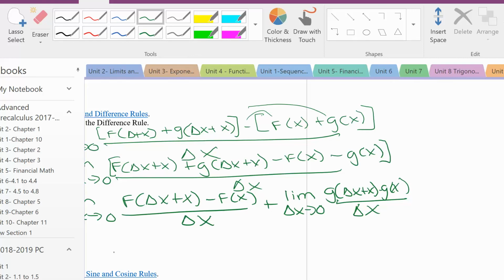And notice that just means that we have f prime of x plus g prime of x. All right, so there is your proof.